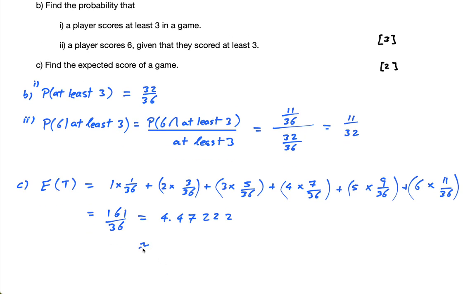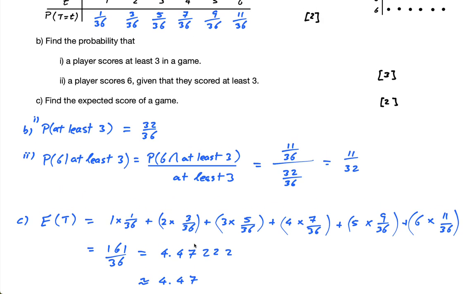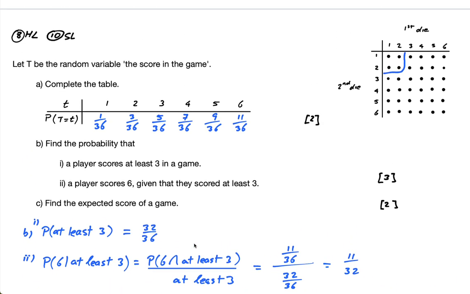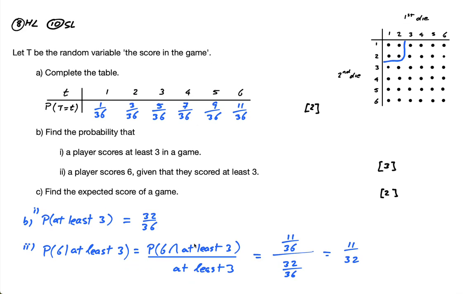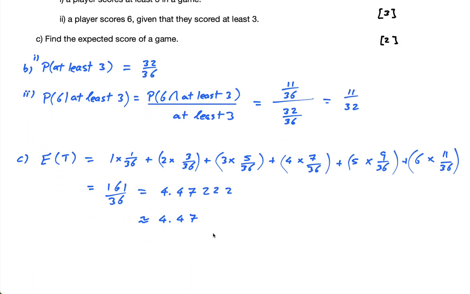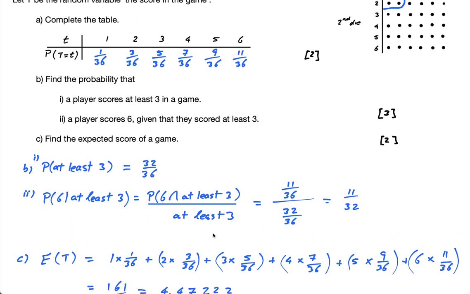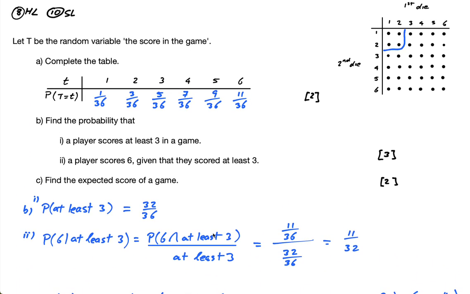If you really want to give it to 3 significant figures, 4.47. So in this game, the expected value, or the mean, basically if you play this game 1,000,000 times, on average you would get 4.47. That's what it means. Okay, that's question 8 and 10.